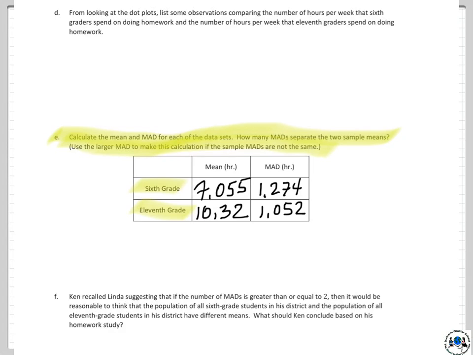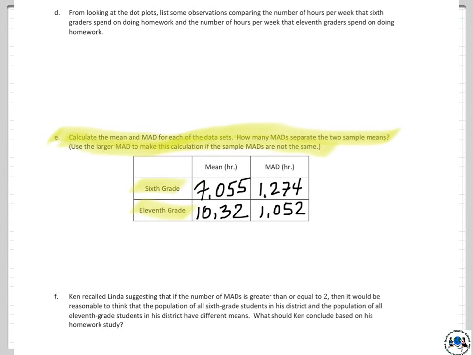And here's our variability, the MADs, the mean absolute deviations for both 6th and 11th grade, and they differ. Interesting that they differ somewhat substantially, more so than we've seen in the past, which may bode well or not so well. We'll see.